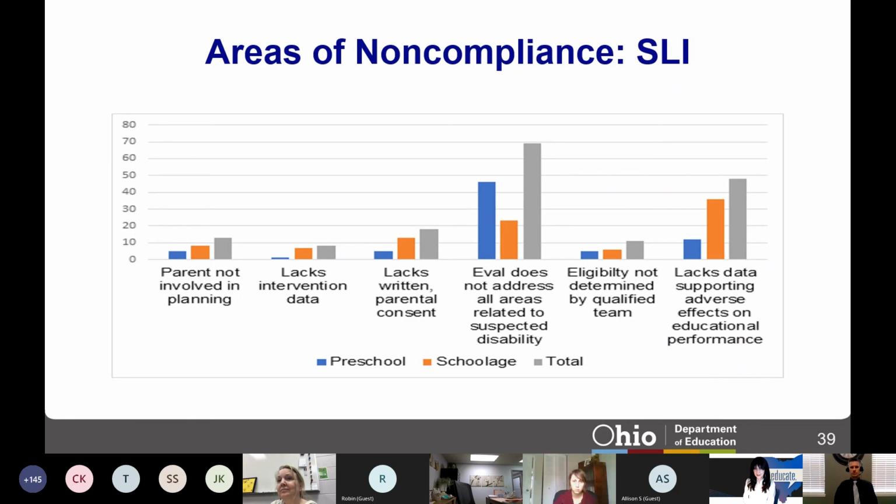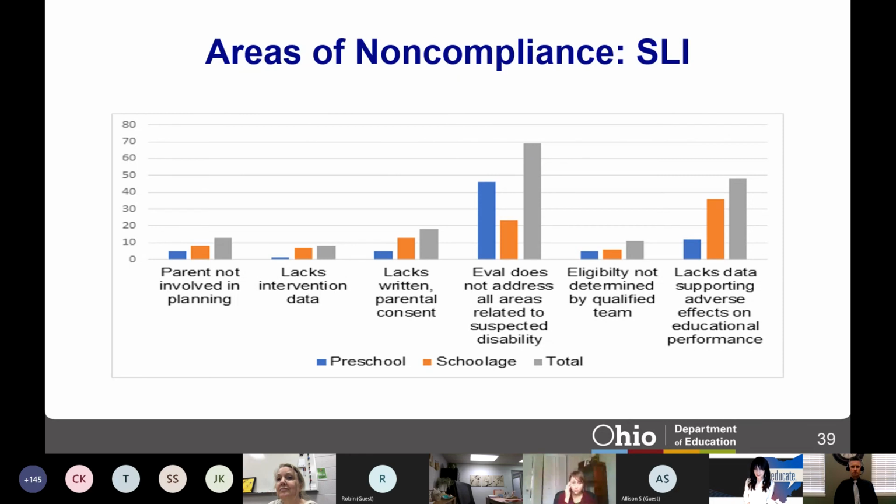And this was very important. It came up in some of the speech language evaluations where there were areas of non-compliance. And I'm bringing this up because over-identification means caseloads that are too high. And it's something to keep in mind. Here are some of the reasons that these speech language evaluations were not compliant.